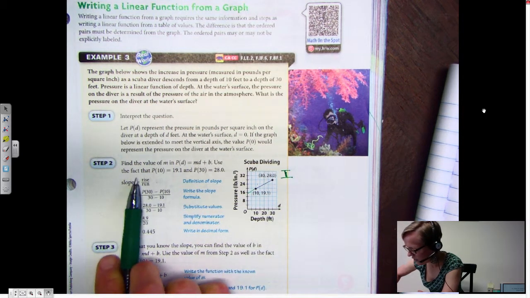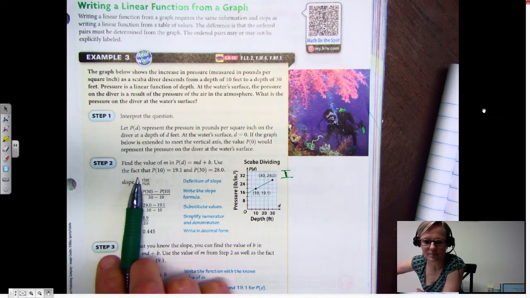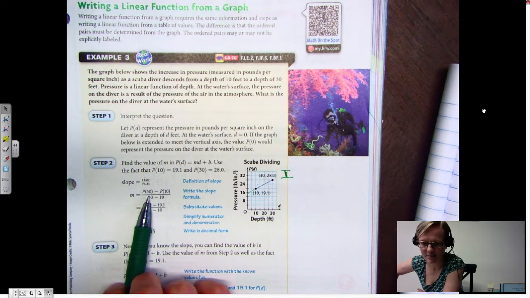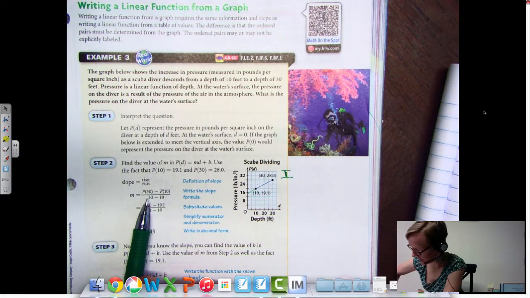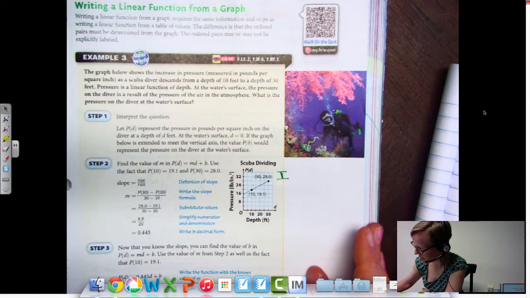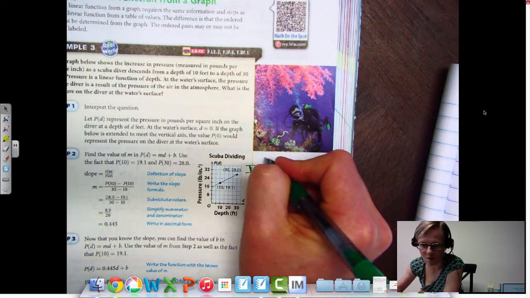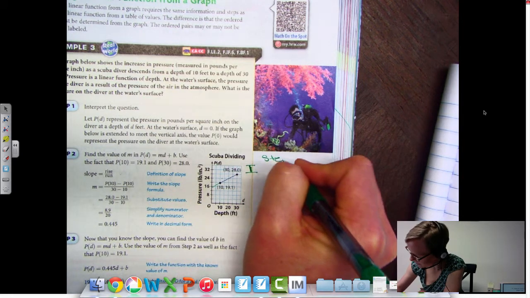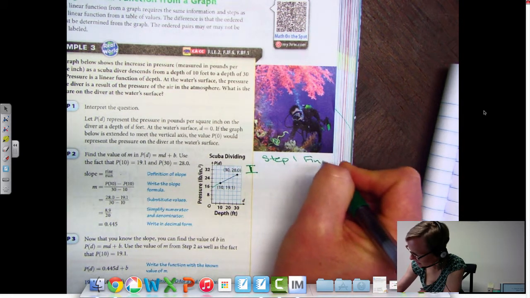So first they want you to find an equation for this linear function. They've given us 2 points, so we're going to follow the same steps that we did in our previous examples. So over here, let me follow those same steps. So step number 1, find the slope.